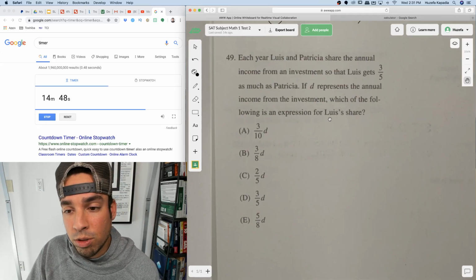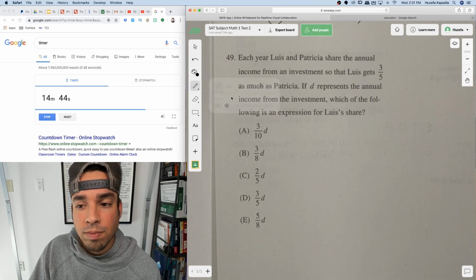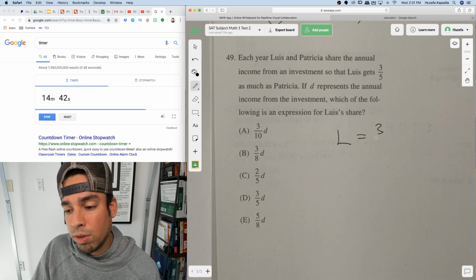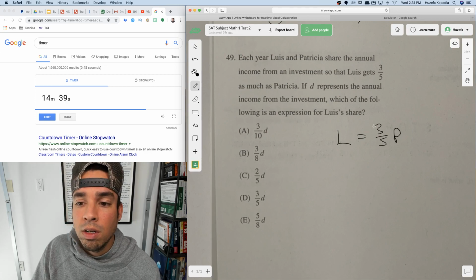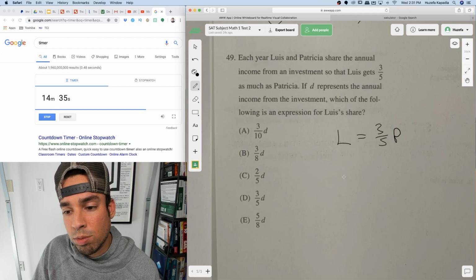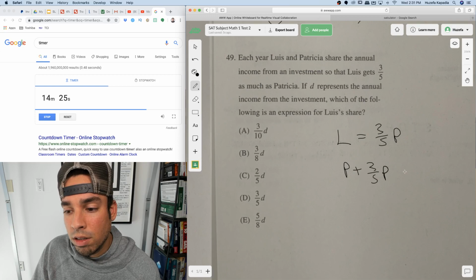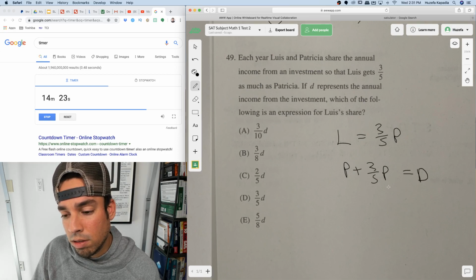Each year, Lewis and Patricia share the annual income from an investment so that Lewis gets 3/5 as much as Patricia. If D represents the annual income from their investment, which of the following is an expression for Lewis's share? So then it's P plus 3/5 P equals D. So then this is, you could say 5/5.